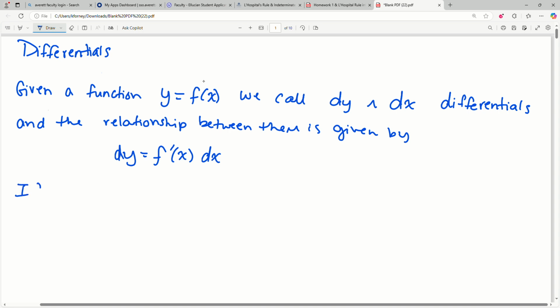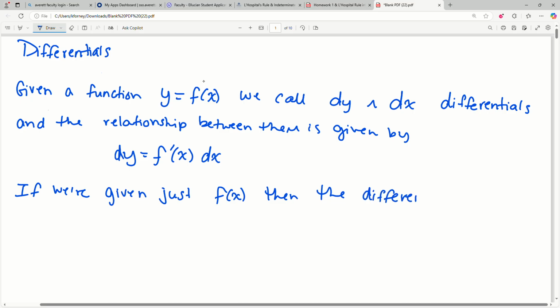So now, if we are given just f of x, then the differentials are df, the derivative of the function f, and dx. That's like the derivative with respect to x.